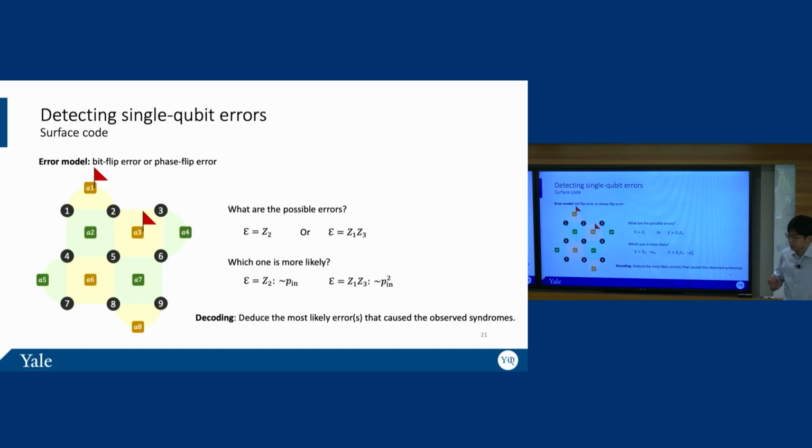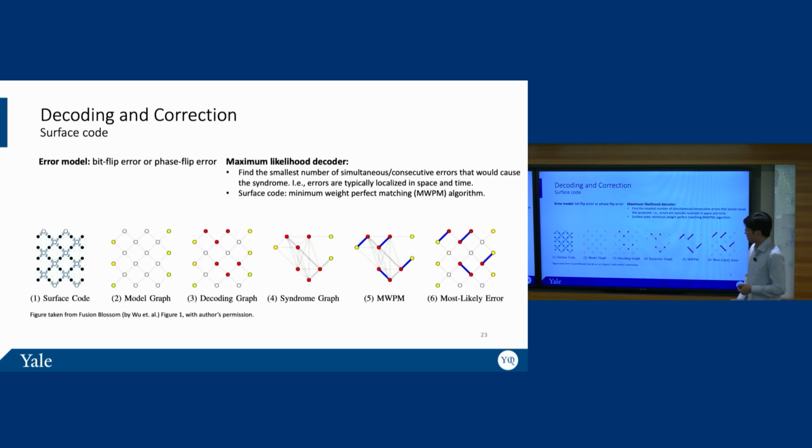I only showed an example. As you can imagine, if I had lots of errors and lots of flags, it's going to be very complicated to check for the possible errors. And something I didn't spend much time on is that this surface code is actually generalizable to a larger number of qubits.